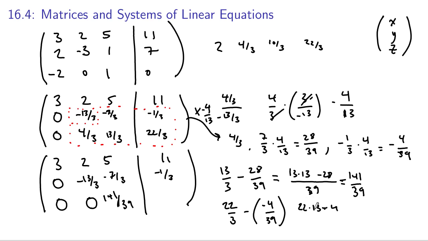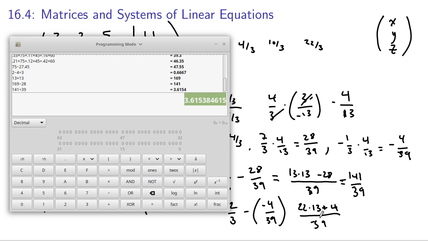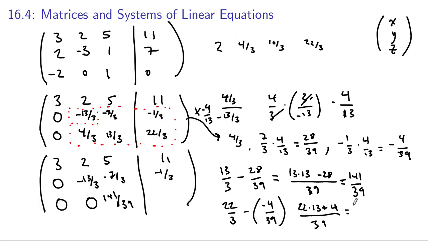So we'll have 22 times 13 plus 4 over 39, which of course is not a round number, but it's 290 39ths. So now we can back substitute to solve, assuming I got all these numbers right. If I didn't, it's okay. You get the idea of how to do this, I hope, just from me walking through it.